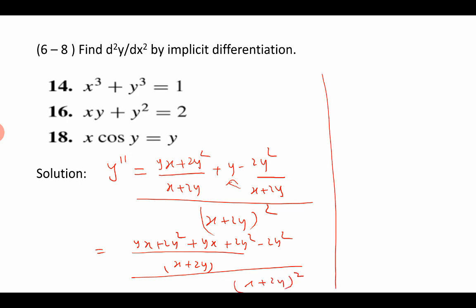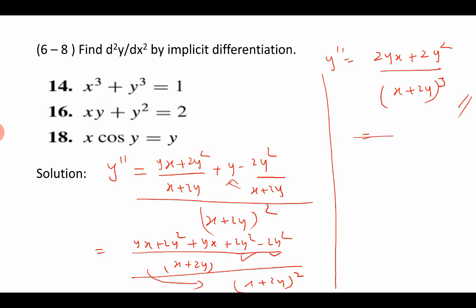So when you simplify, your y double prime will be, this y square to y square will be cancelled, so you get 2yx plus 2y square divided by x plus 2y whole cube. These two join together. That's the end. Actually, you can stop here.